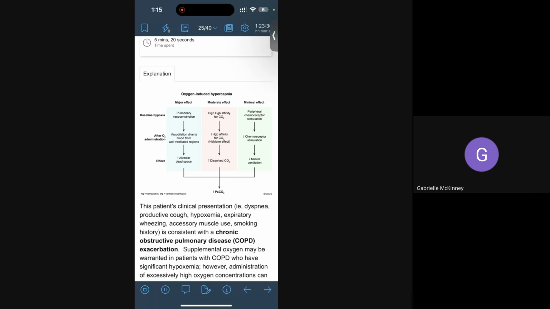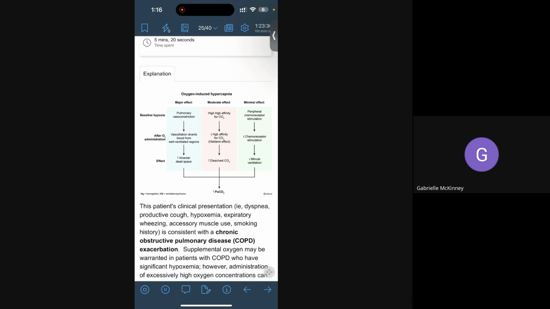So it will increase the alveolar dead space ventilation. Because oxygen is present everywhere, even the bad alveoli will also see vasodilation. So now the bad alveoli will get the blood supply, and due to which this dead space ventilation is going to increase. In this way the VQ mismatch is going to increase.